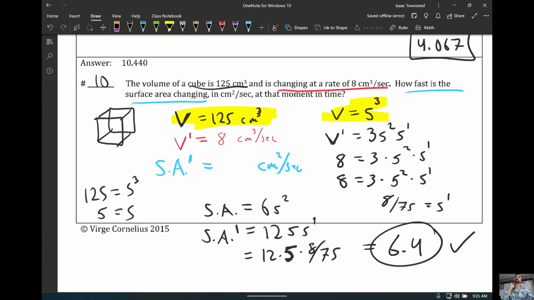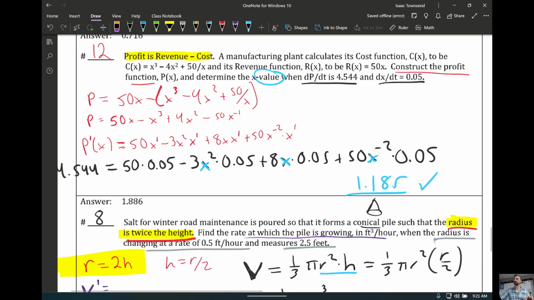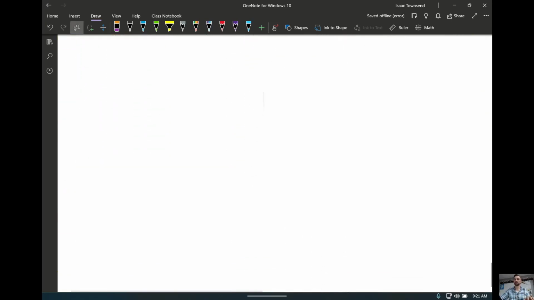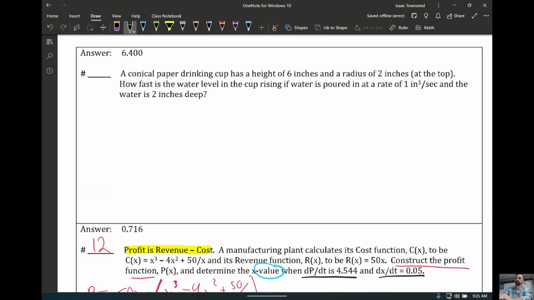Yeah. Number 11. Yes, 11 is a great one to ask, and I'm surprised y'all didn't ask this one yet. This is number 11.